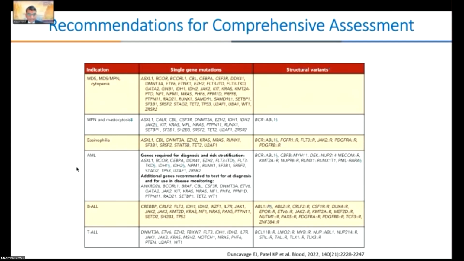Again, this highlights recommendations for different types of hematologic conditions, starting from MDS, MPN, showing the number of different alterations and so on and so forth. So this again has important implications for diagnostic laboratories which are trying to provide diagnostic support for the initial diagnostic workup for these patients.